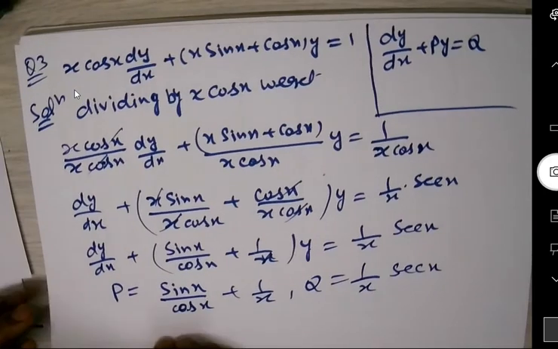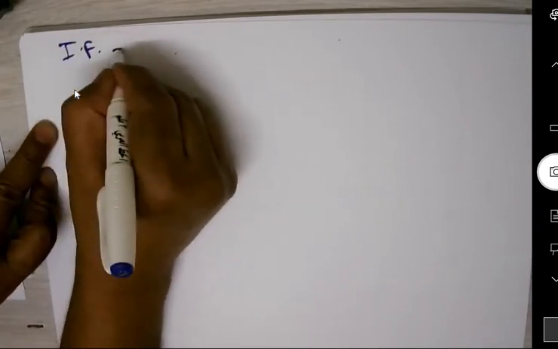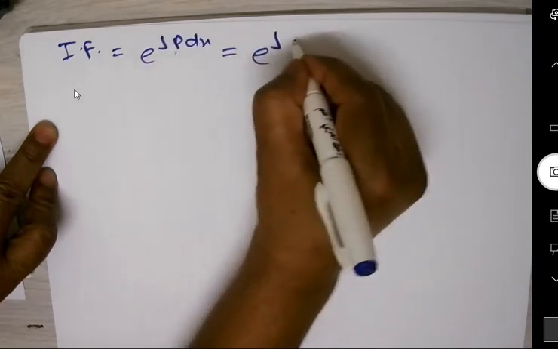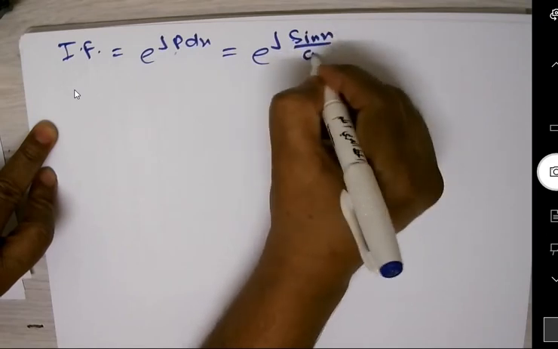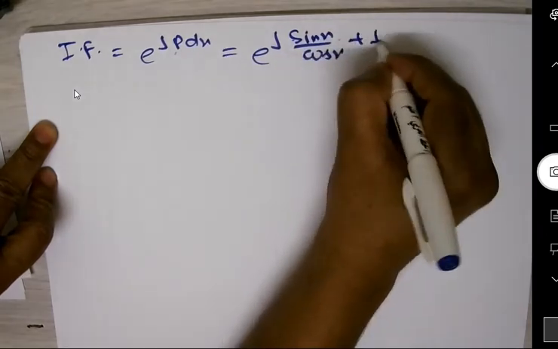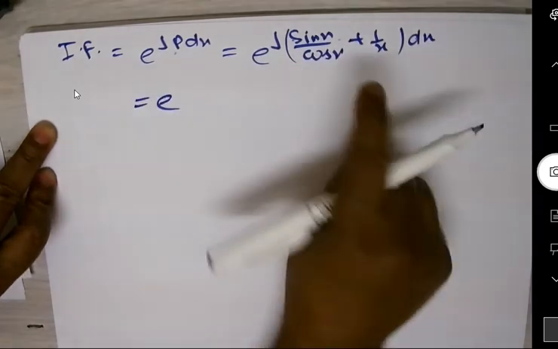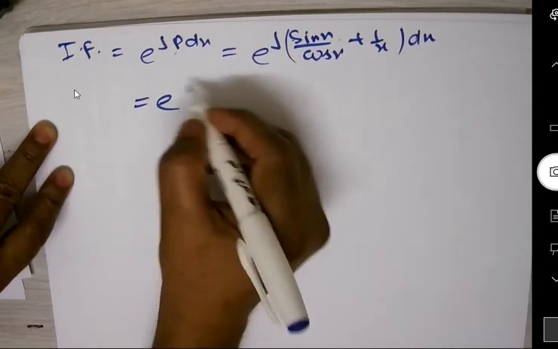Now if you get the values of p and q, then for the solution of that one we need the integrating factor. So integrating factor is e raised to the power integral of p dx. So write that one, e raised to the power, p means here sine x divided by cosine x plus 1 by x, integration of that one. So e power, derivative of cosine is sine, minus. So what is that one?